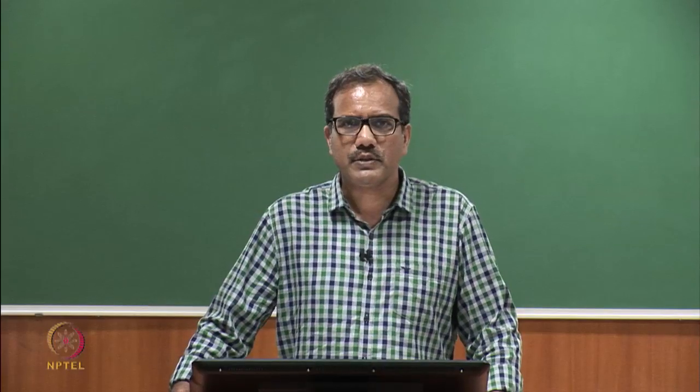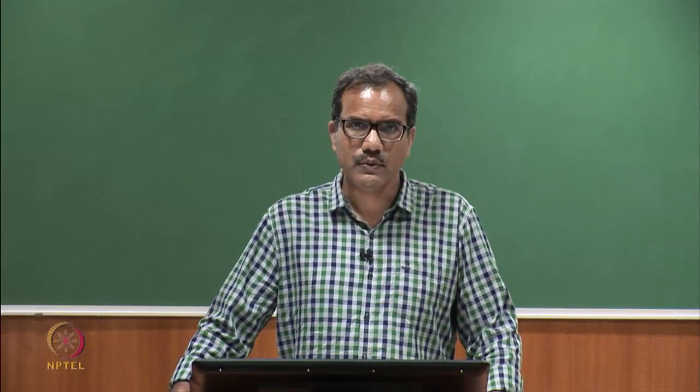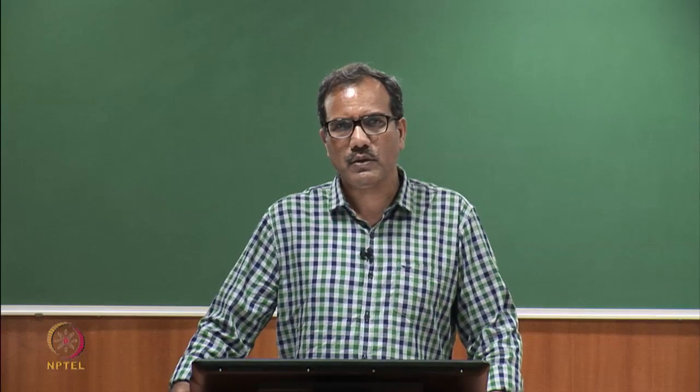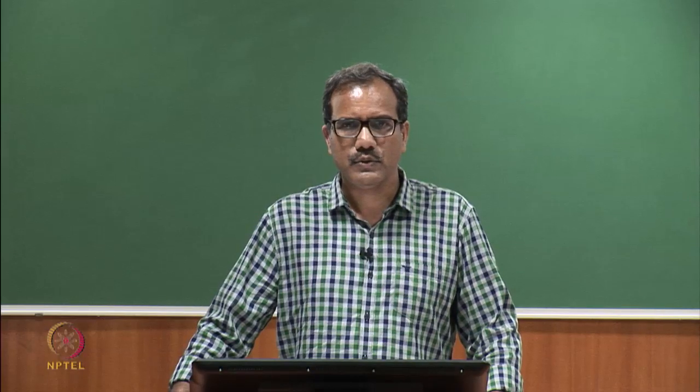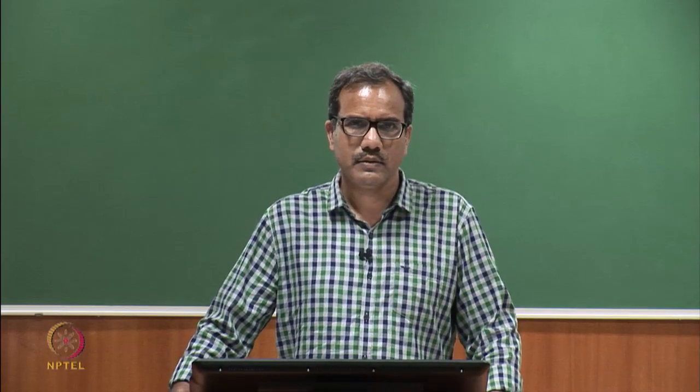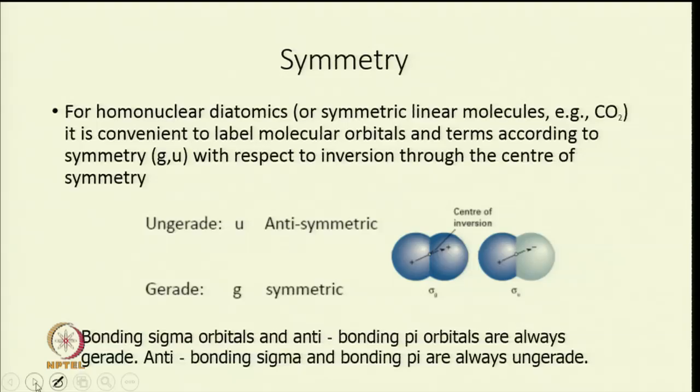Today I will first discuss symmetry, because it is very important to know the symmetry of the molecular orbital which is generated by mixing of two atomic orbitals. Symmetry is particularly important if we want to look at the selection rule. For a homonuclear diatomic molecule or a symmetric linear molecule, for example CO2, it is convenient to label molecular orbitals and terms according to symmetry g and u. g stands for gerade and u stands for ungerade.